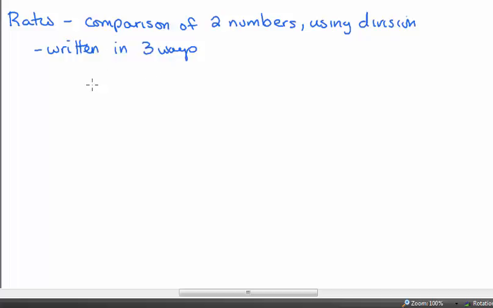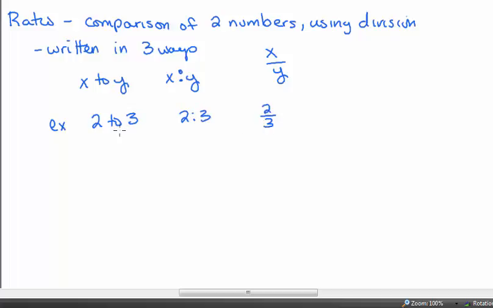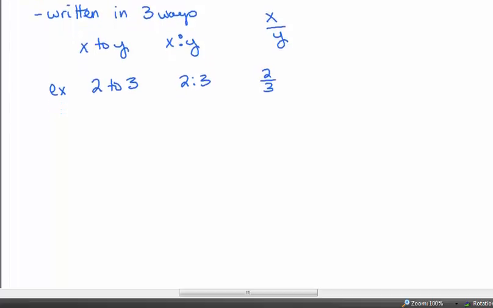Right, so we can write x to y. We can write x to y with a colon. Or we can write x to y as a fraction. These are all the same thing. They all say the same thing. But for every whatever number this is, there's this many of this number. So for example, I can say 2 to 3, which can be written like this. So for every 2 of this, there's 3 of those, basically is what that's saying.